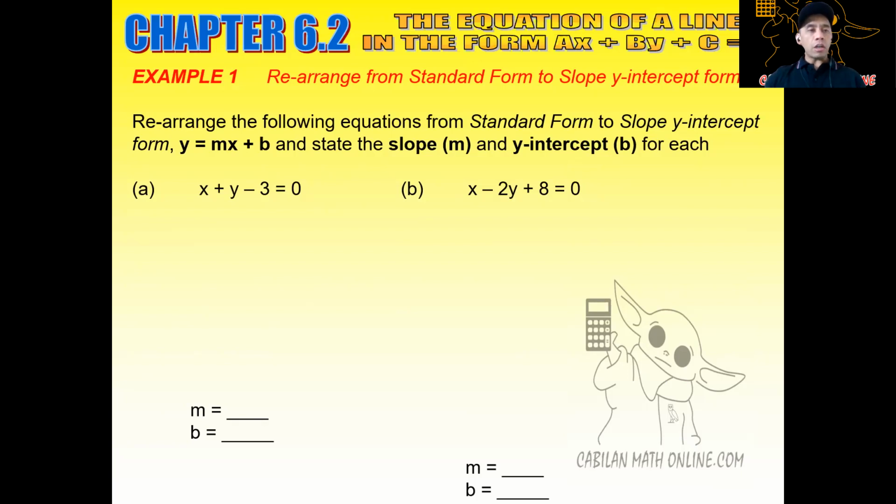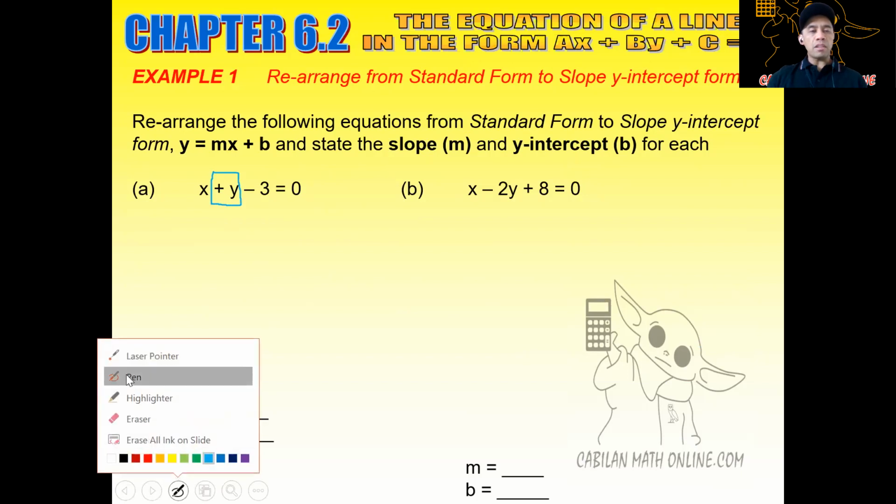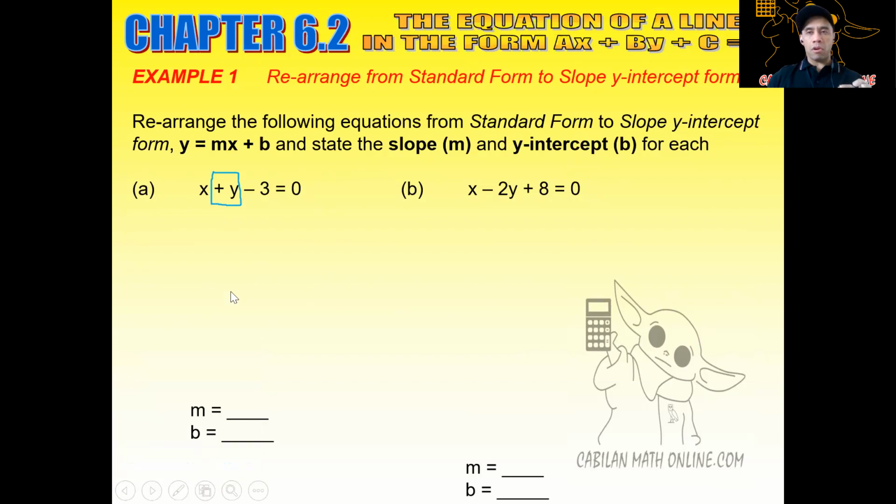If you take a look at question A over here, I'm going to put a blue box around the y to show you that's the term we're going to leave exactly where it is. For this question, we want to remove everything else around it so it's in the form of y equals mx plus b.